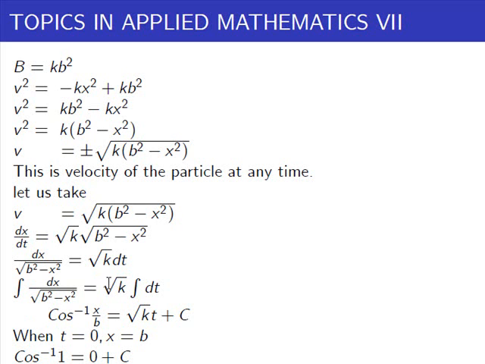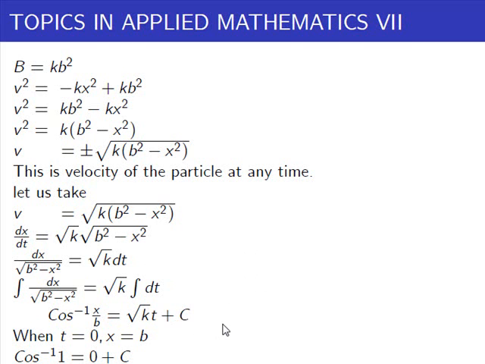We integrate this differential equation, and this is well known integration: cosine inverse x over B. Cosine inverse x divided by B is equal to square root of k t plus c, where c is constant of integration. This is the solution of the differential equation, but the c is unknown.